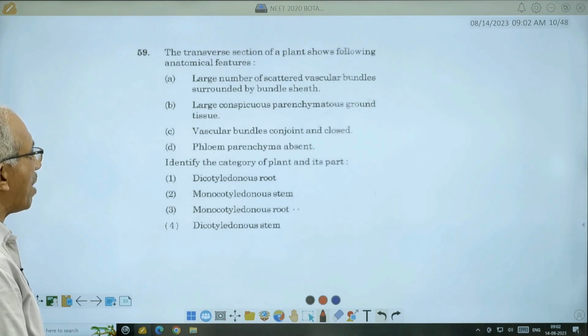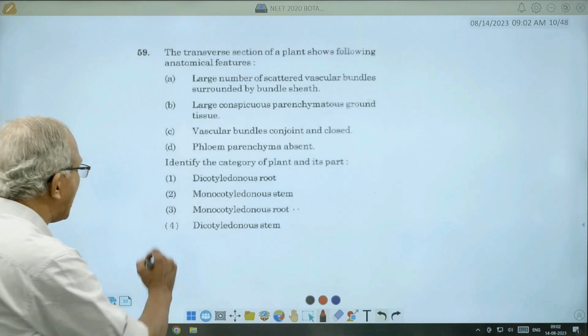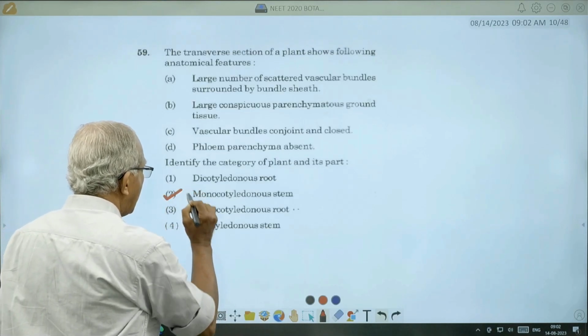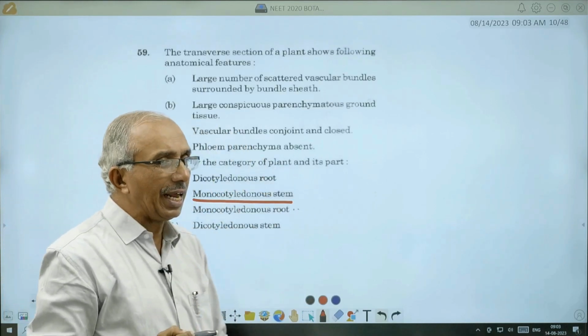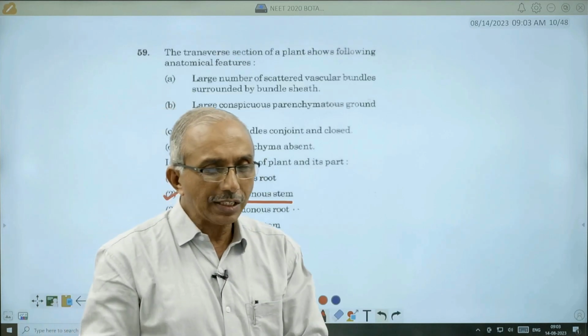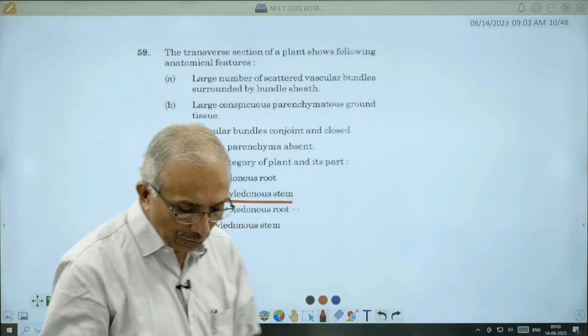Phloem parenchyma is absent. From these four anatomical features, it can be very well identified that the organ is a monocotyledonous stem. All these anatomical characters are those of a monocotyledonous stem.